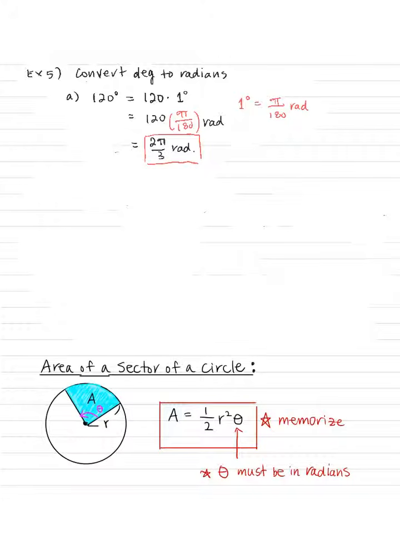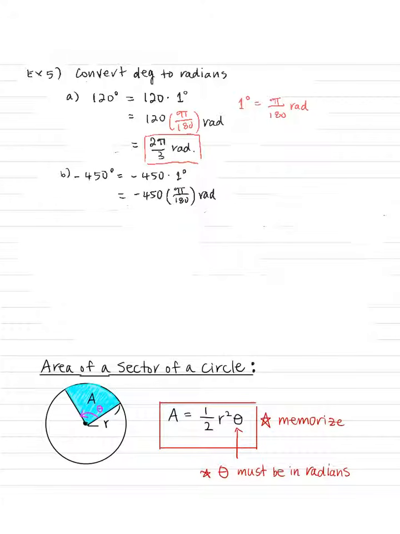Okay, so now let's just do another one. Let's go with B. How about negative 450 degrees? Okay, so we're going to do the same thing. So this is negative 450 times 1 degree. And so this is the same thing as negative 450. Just like what we did above, 1 degree is pi over 180 radians.